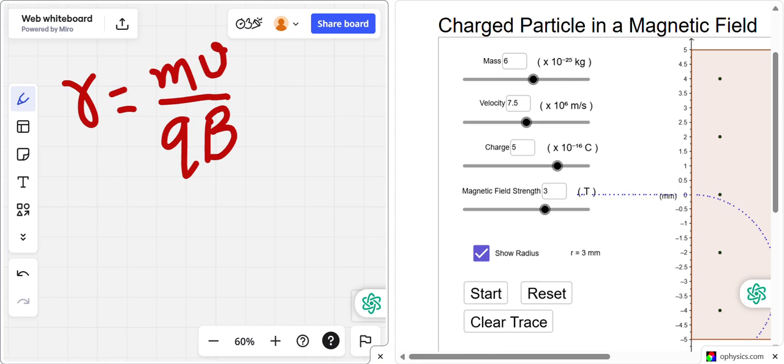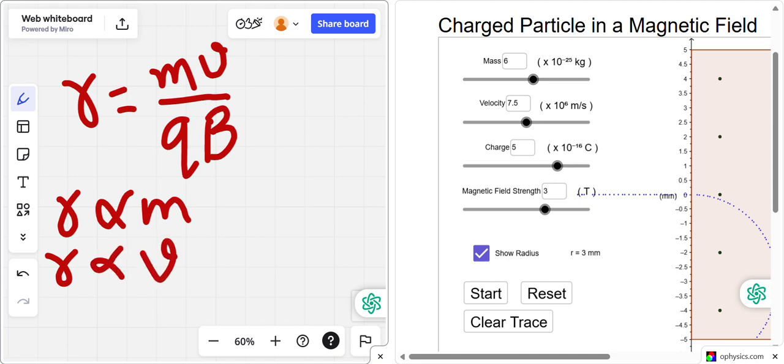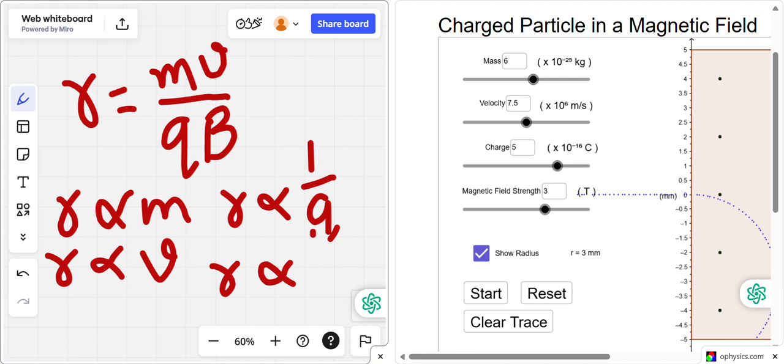So when you see this formula, you can say that r, the radius of the circular path, is directly proportional to mass, directly proportional to the velocity of the particle, inversely proportional to the amount of charge, and inversely proportional to the strength of the magnetic field.